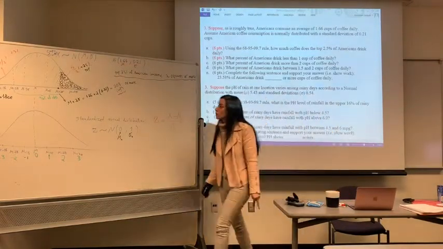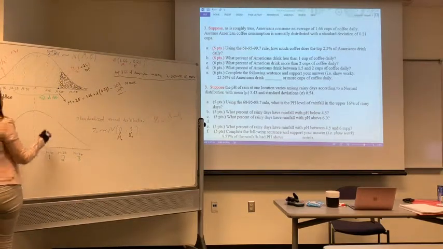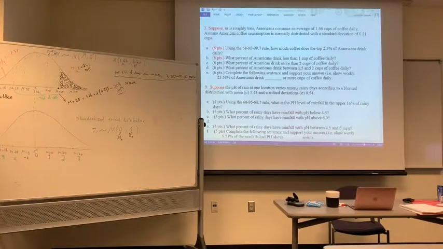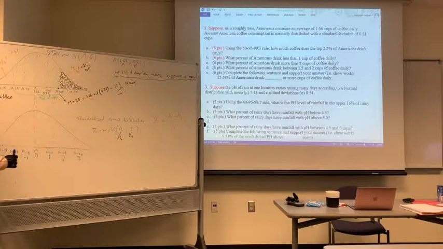Okay, so let's go back to this table. Now we know the formula. Mu here was 1.66, correct? And then mu plus sigma was 1.66 plus 0.21, which is 2.87?